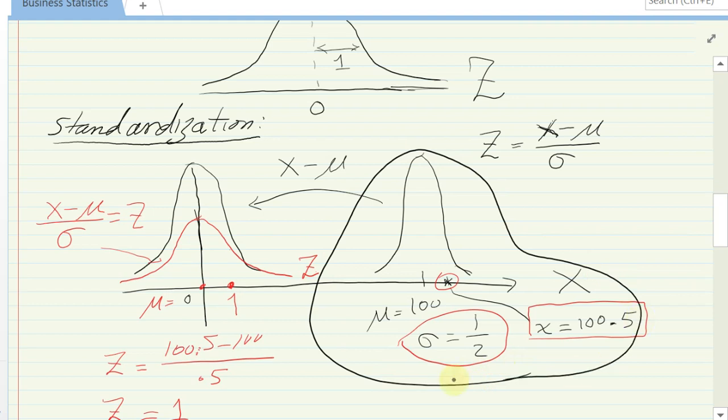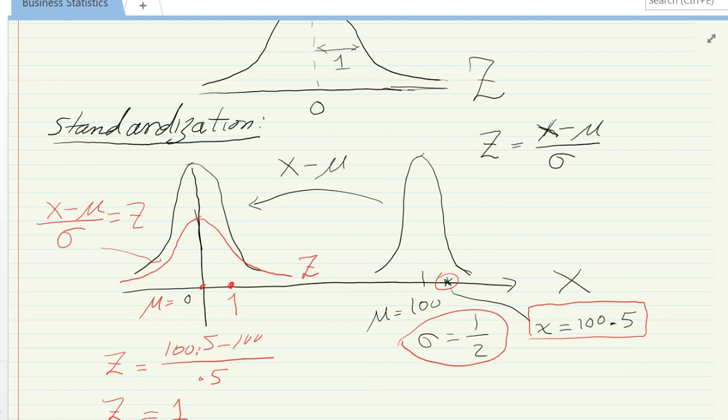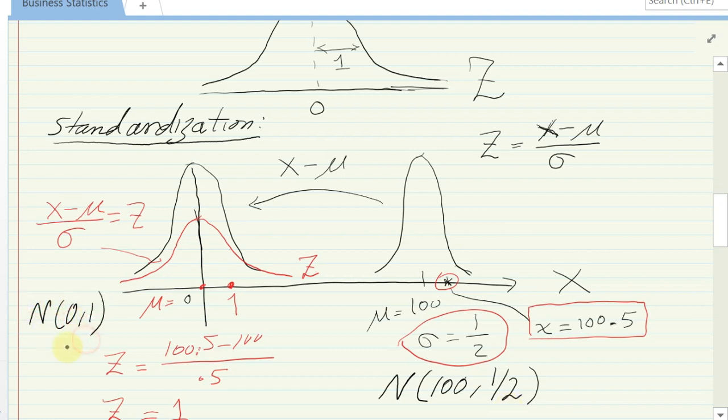This is a normal whose mean is 100 and deviation is 1/2. Through the process of standardization, I'm standardizing it into a normal 0, 1. So the distribution on the left is normal 0, 1.